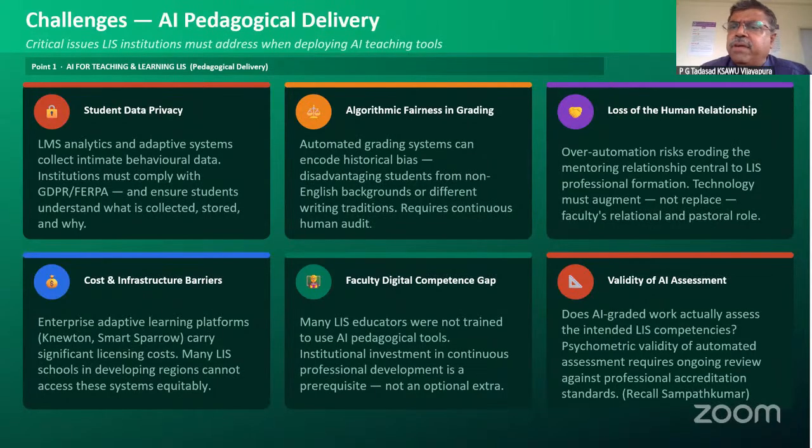I'm not saying it will go away, but there will be a loss. One thing we have to understand here: machines cannot substitute the human brain. The human brain is far supreme to the machine which humans have created. But of course, there is a danger of losing the human relationships.